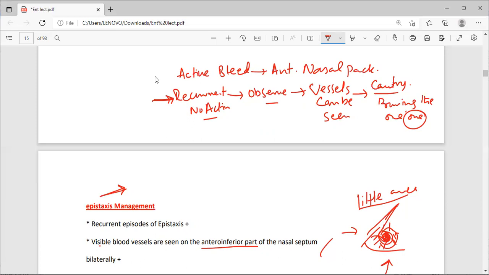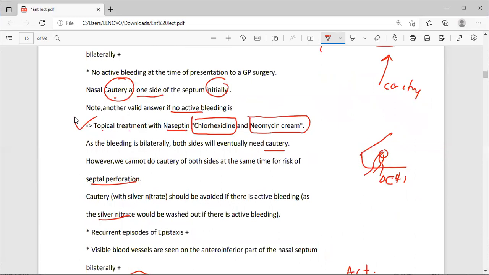Why? Because of the risk of rupture of the nasal septum, since cautery is a procedure of burning out, so you can burn the nasal septum. Or you can do another approach, which is topical treatment, chlorhexidine or neomycin cream.